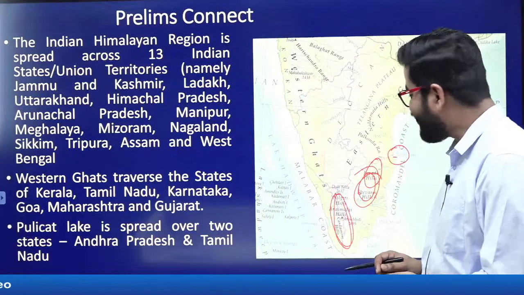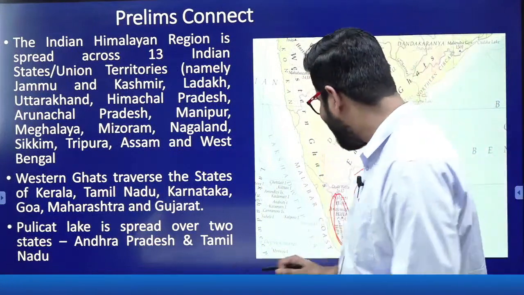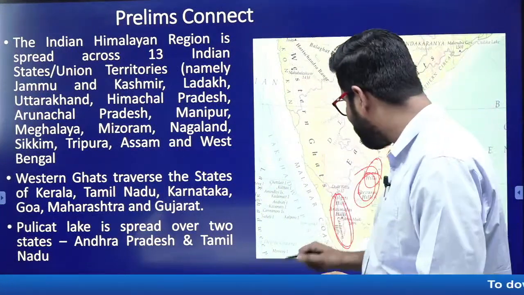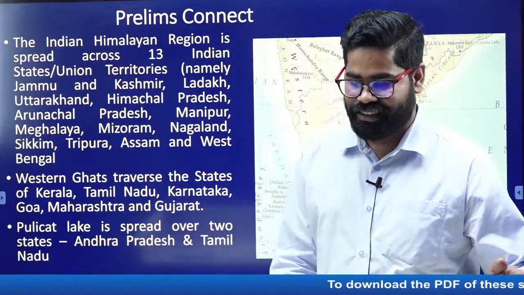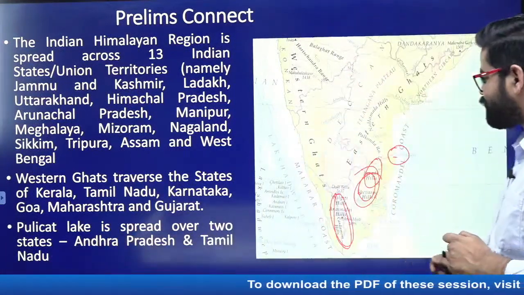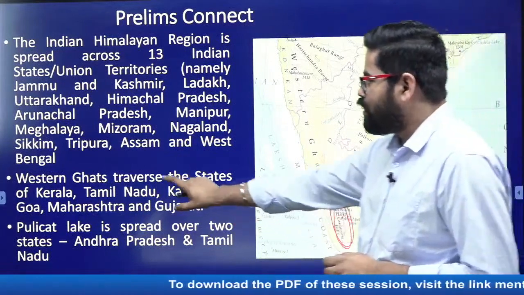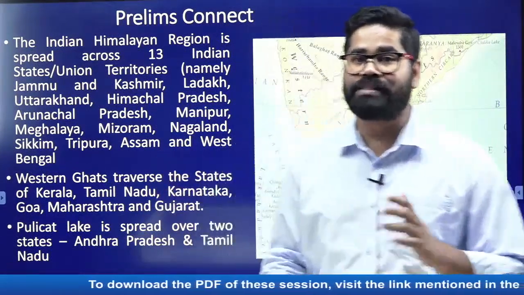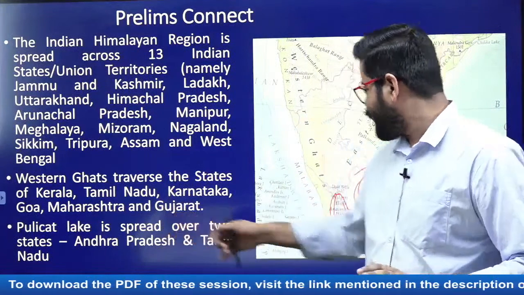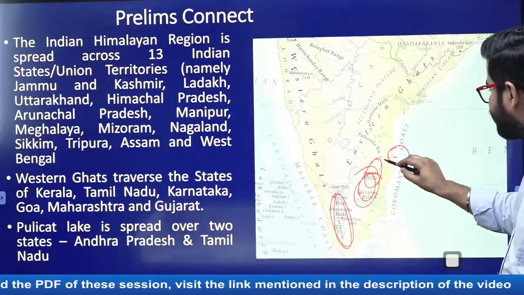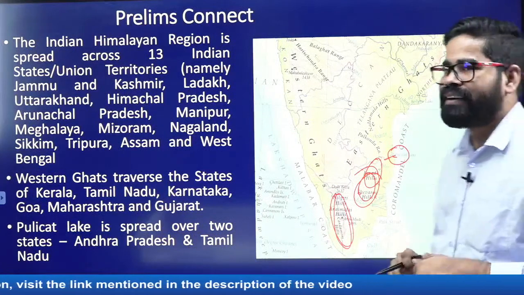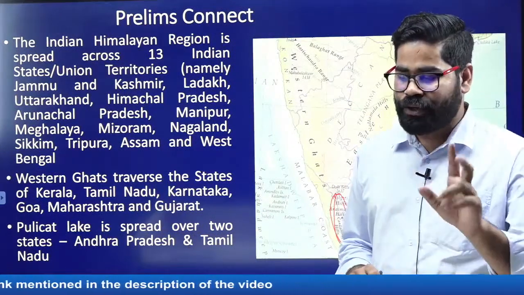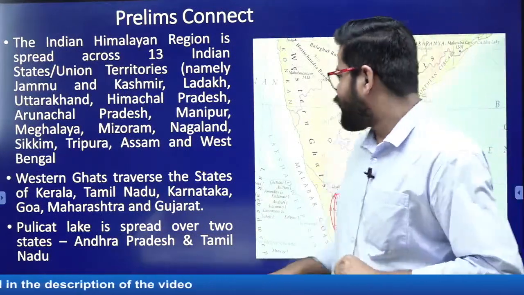Yes, that Nilgiri Biosphere Reserve area, not just Nilgiri, even lower than that, Cardamom, Annamalai, they also have some extension towards the Tamil Nadu region. Okay. So due to which the Western Ghats spread over 6 states, and the Pulicat Lake, you can see here, is again at the border areas of Tamil Nadu and Andhra Pradesh. Okay. That's why only the third statement was the correct one.